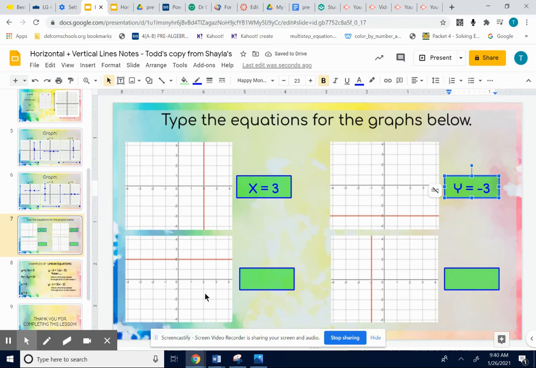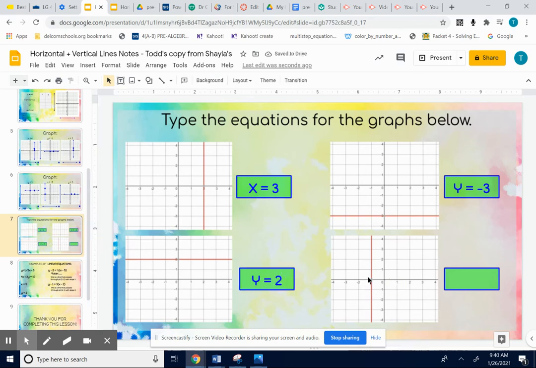Okay, this third graph is horizontal. It's crossing the y-axis at 2. The equation is y equals 2. The last one, this line is vertical. It's crossing the x-axis at -1.